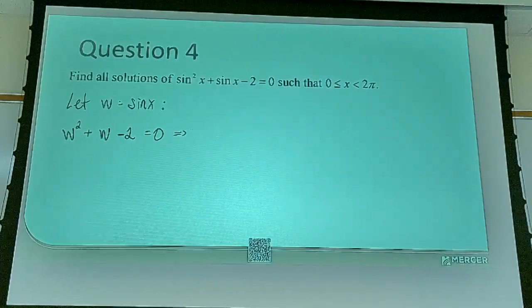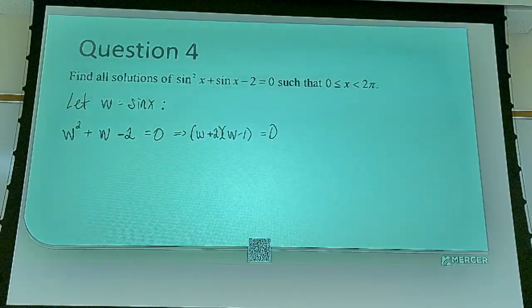W plus 2 times W minus 1, right? From here, we see immediately that we get either W is negative 2 or W is 1, right?